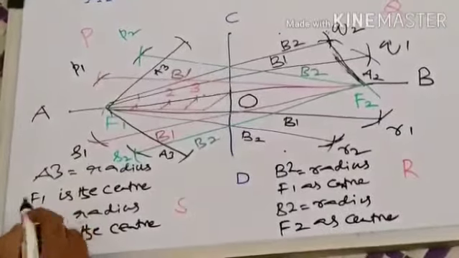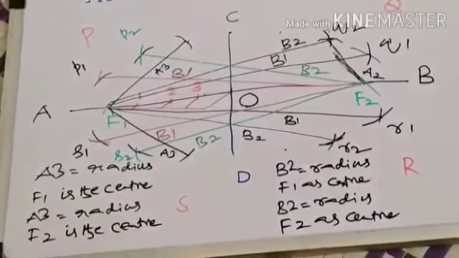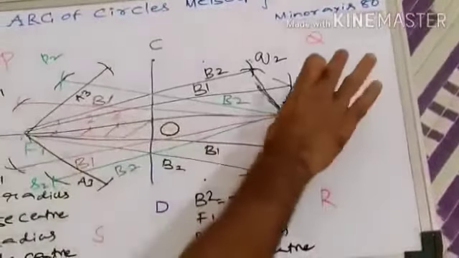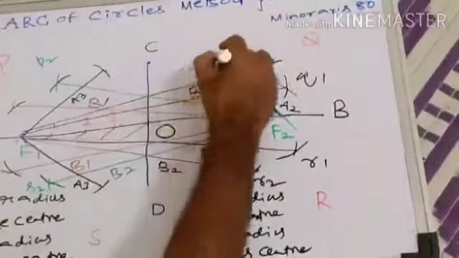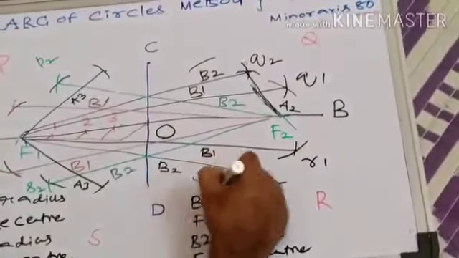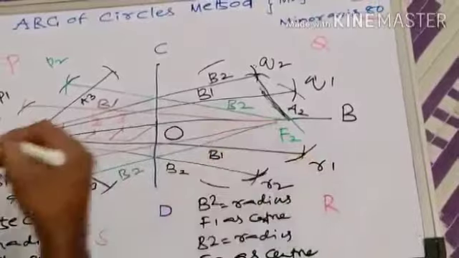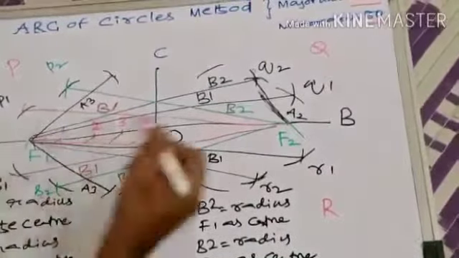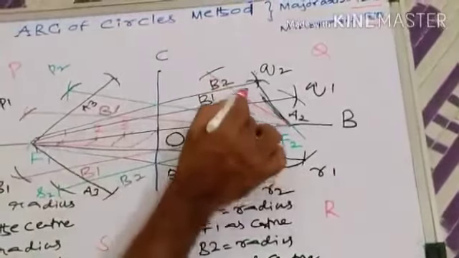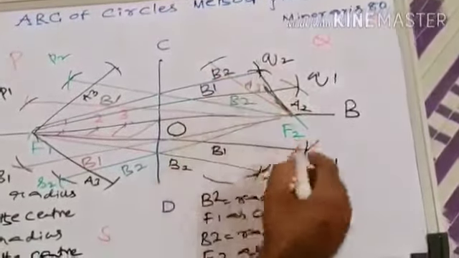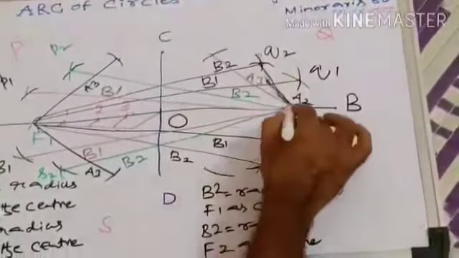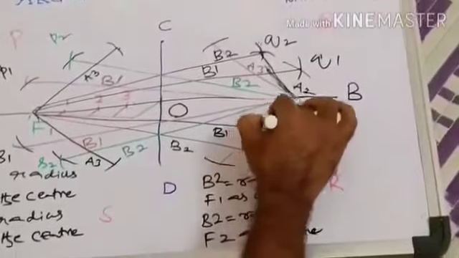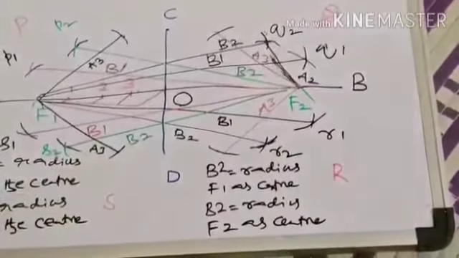Now A3 as a radius, F2 as a center. A3 is going to be its radius, F2 is going to be center. Draw arcs in Q portion, R portion. So therefore this length is going to be A3 and this length is going to be A3.